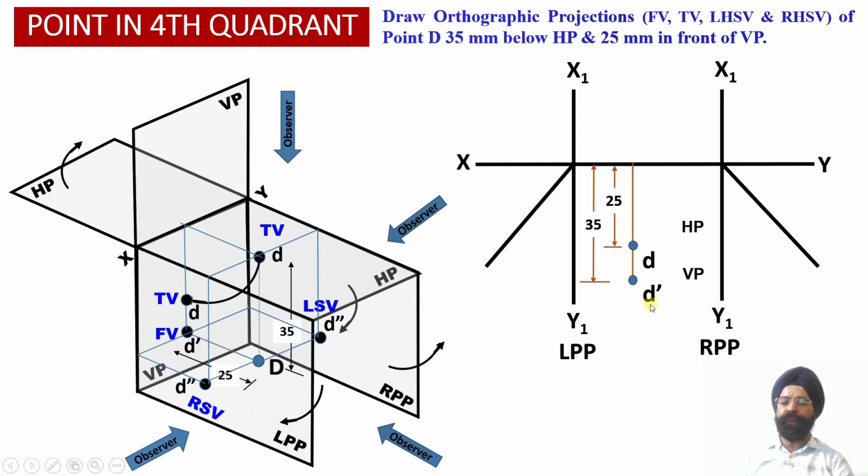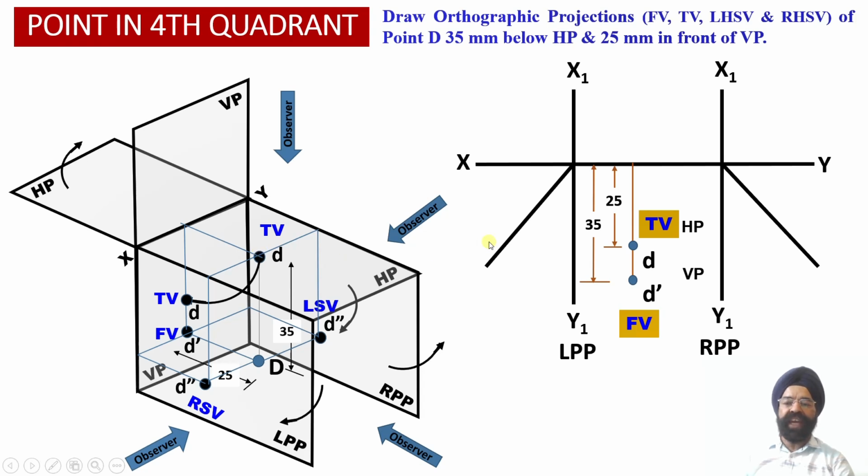This is our front view orthographic projection. Whereas point D was obtained as a top view projection onto the horizontal plane, but due to this rotation there is an overlapping of the horizontal plane with the vertical plane. So we know that the distance of point D from the vertical plane is equal to 25 millimeter.